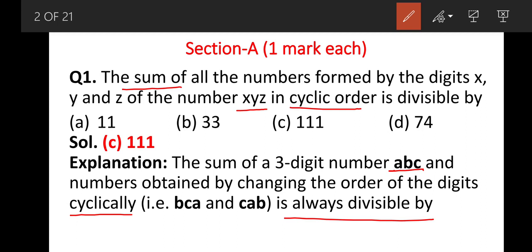So the correct option is C option, that is 111 is the correct option. This is the result: 111, 37, 3 and A plus B plus C. As it was in the case of A plus B plus C, ABC was the number. So I have written here A plus B plus C. Here in your question, the number is X, Y and Z. So it will be X plus Y plus Z.